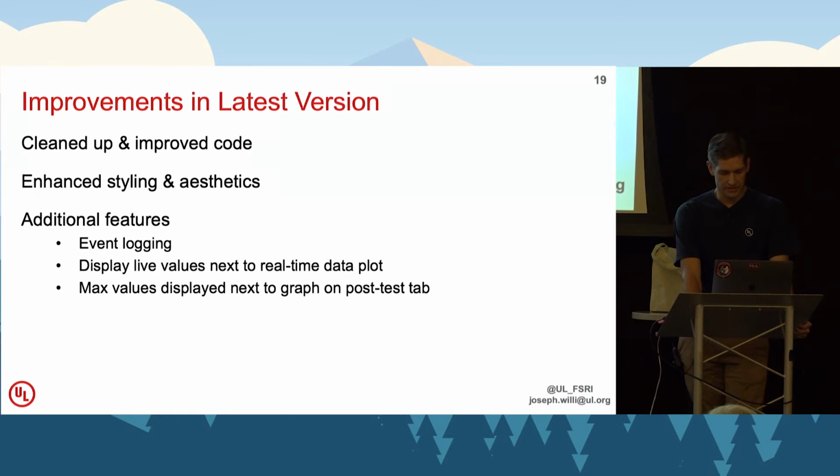And so this latest version has a number of improvements to it. First of all, I decided it would be a good milestone to take the time to clean up and improve the code, just so it'd be easier as I add things. And then I also enhanced the styling and aesthetics a little bit. I changed the layout of the page from the table layout to Flexbox.